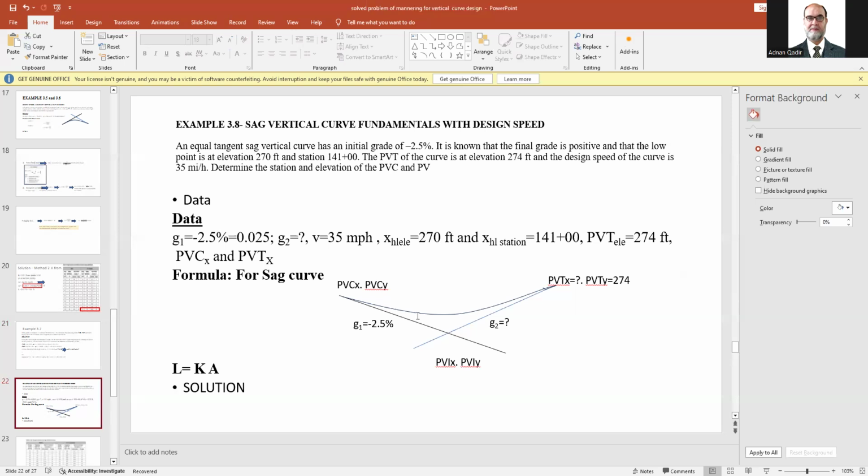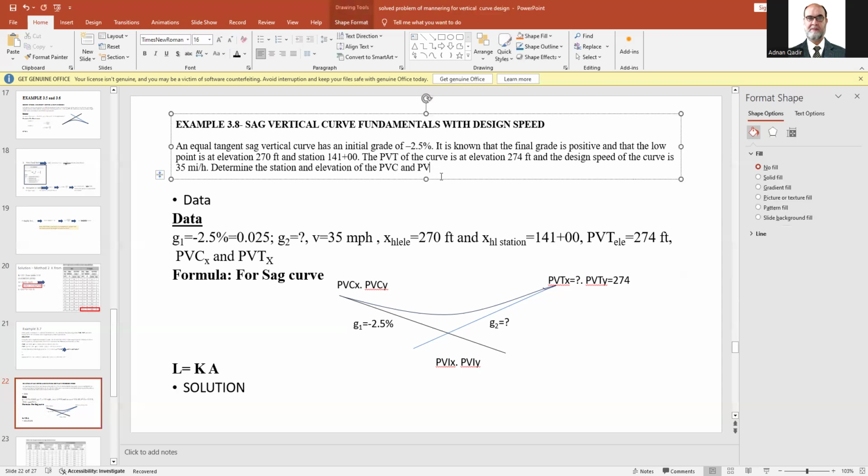And at the low, there is some low point. It's also given here. That is, it has a station 141 and an elevation 270 feet. The PVT of the curve is at elevation 274 feet, but the station is not known. The design speed of the curve is 35 miles per hour. Determine the station and elevation of the PVC, X, and PVT.